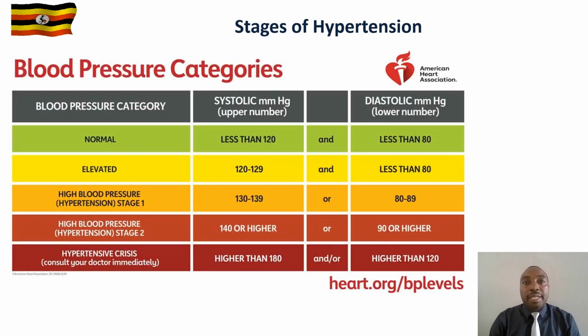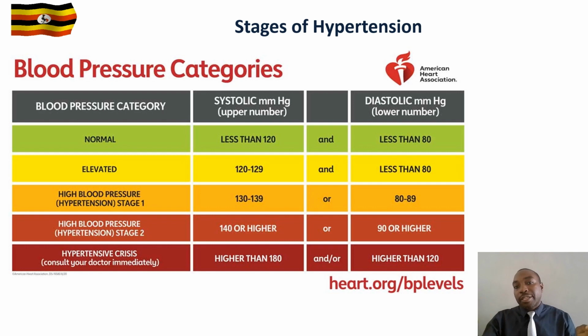So the American Heart Association has classified the blood pressure readings into categories based on the reading. The normal blood pressure ranges from 90/60 to 120/80. Anything less than 90/60 is hypotension, low blood pressure.